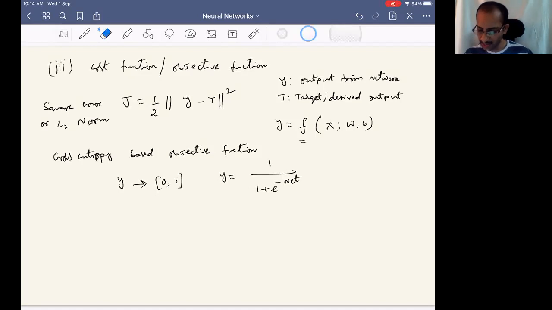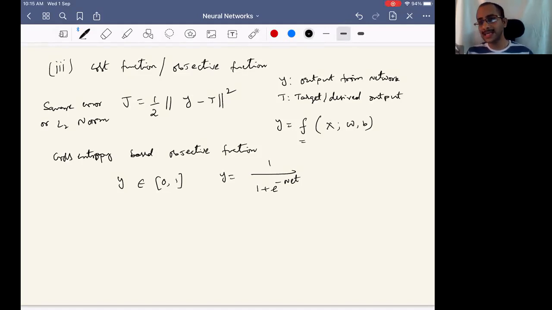Y belongs to 0 to 1. So I can interpret this as a probability of belonging to a class: if it is 1, it belongs to class 1, and if it is 0, it belongs to class 2. I can predefine it like that.